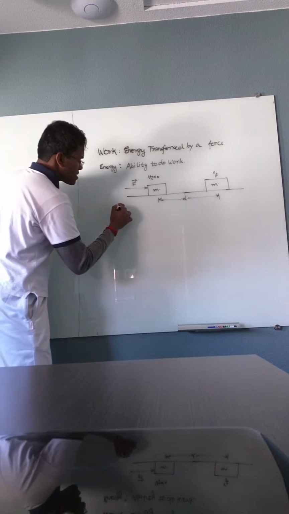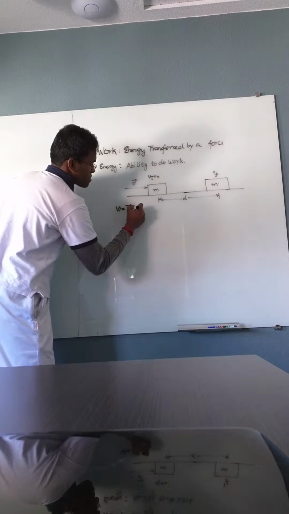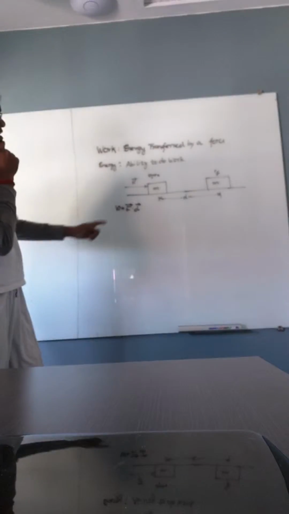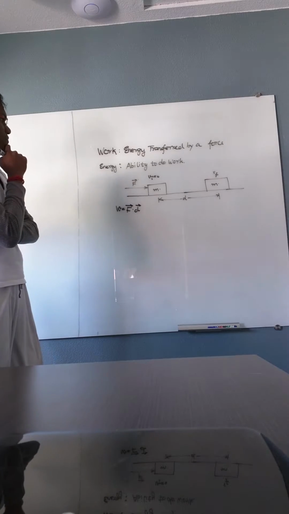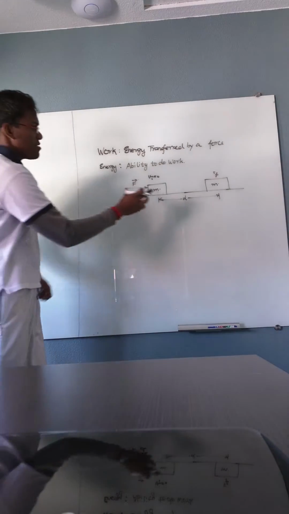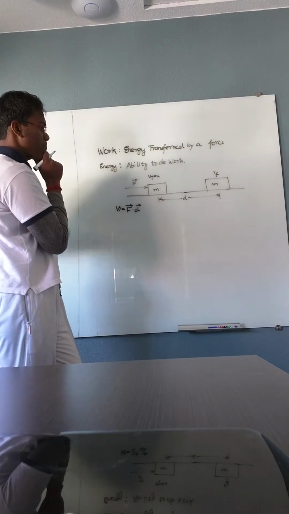So from first principles we know that work is nothing but force times distance. Now how do we take it from here? We need to basically find out how much this distance was and plug it into this expression.